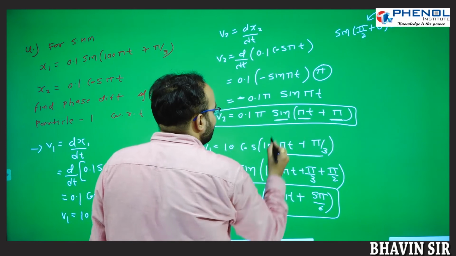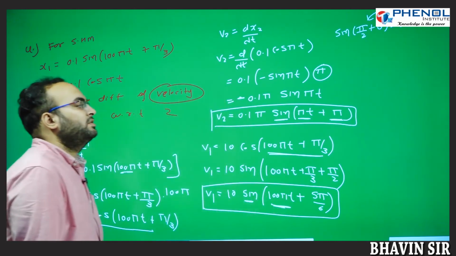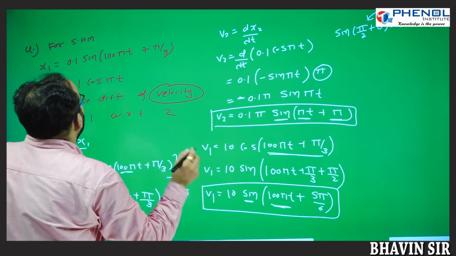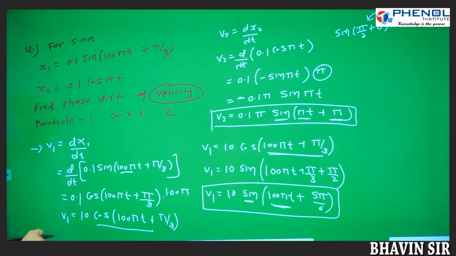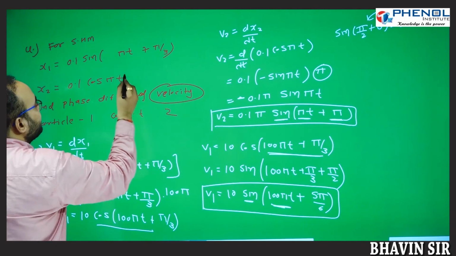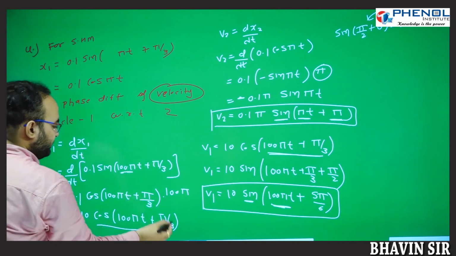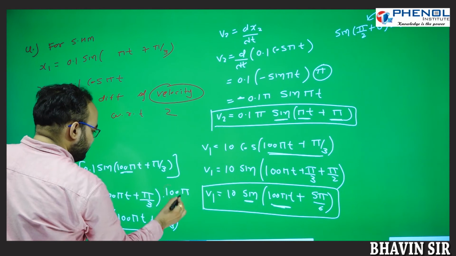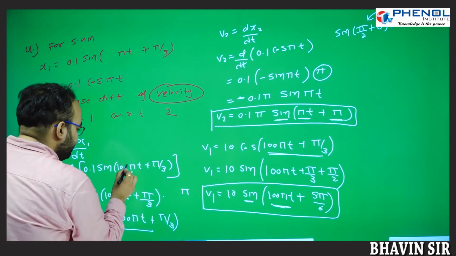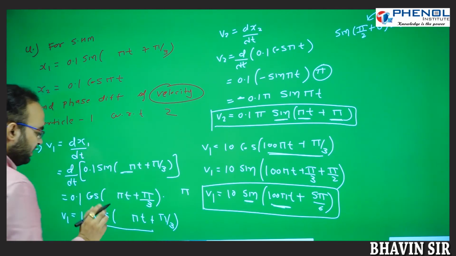Here omega t is positive, here also omega t is positive. See students, it is not 100, it is only pi. It is only pi, so not 100, it is only pi.